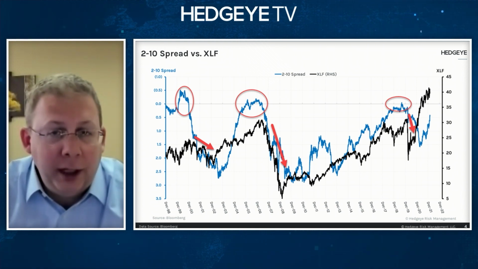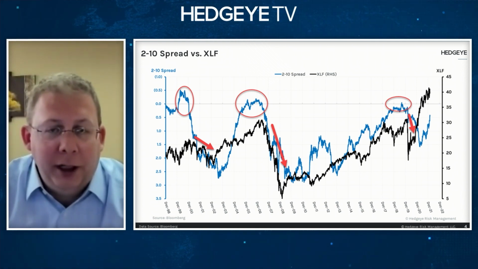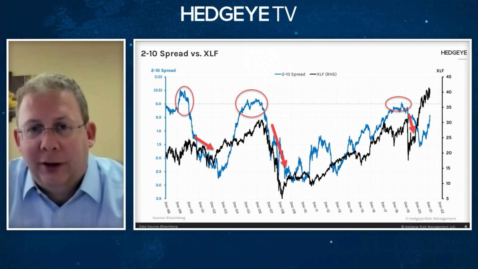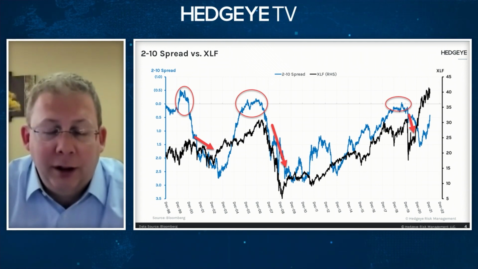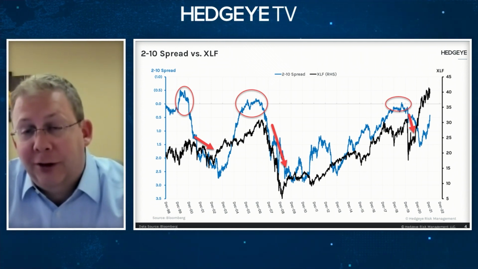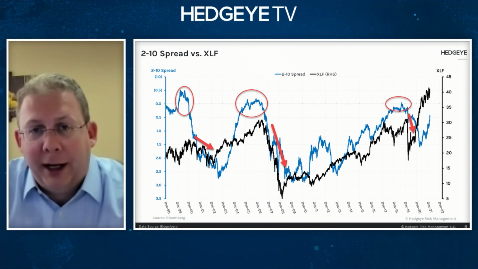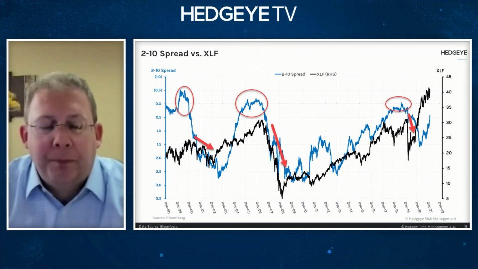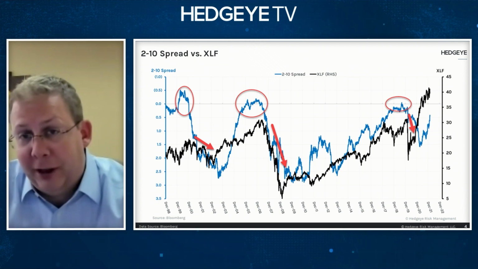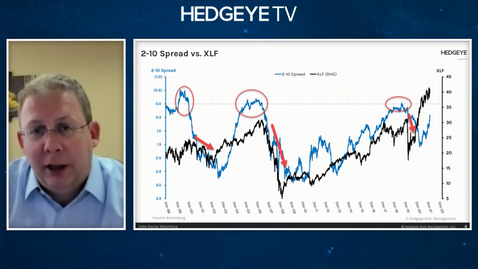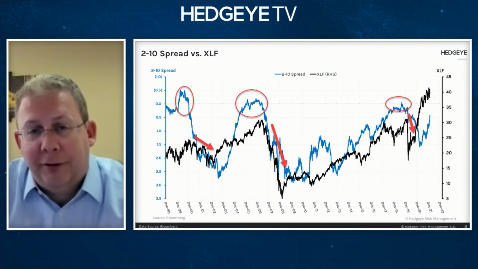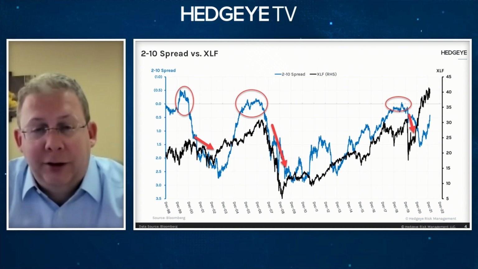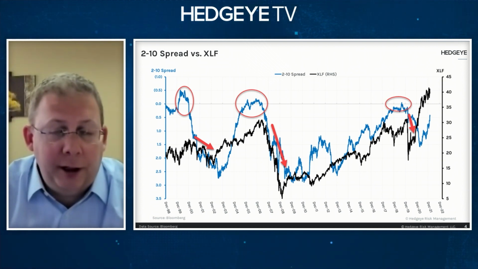Most recently, the 2-year yield has moved up at a blistering pace since roughly September of last year. Expectations are now for 6+ rate hikes over the coming 12 months. So we've had this very significant move, and the 2-year is really a reflection of what the Fed is going to do, or what people expect the Fed to do.